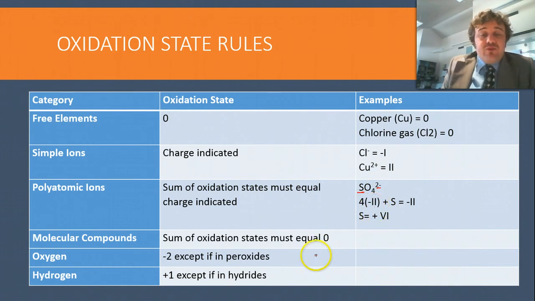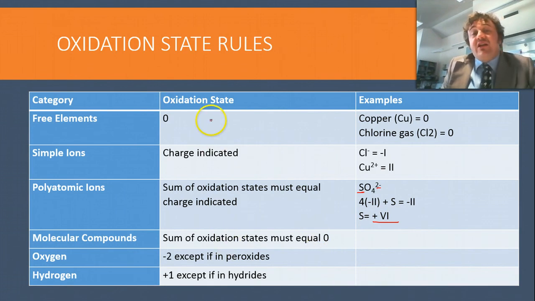We know that oxygen has a -2 valency. So sulfate is 4 times oxygen plus sulfur, gives us -2. That's 4 times -2, which is -8, okay, so we put that on the other side. Sulfur has a +6. Alright, pretty straightforward.